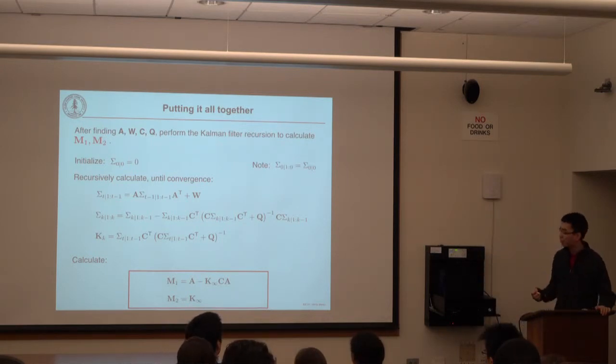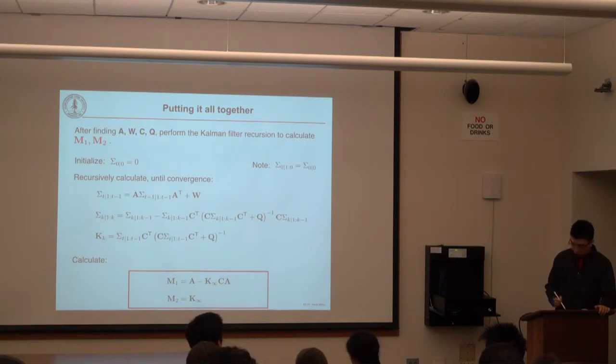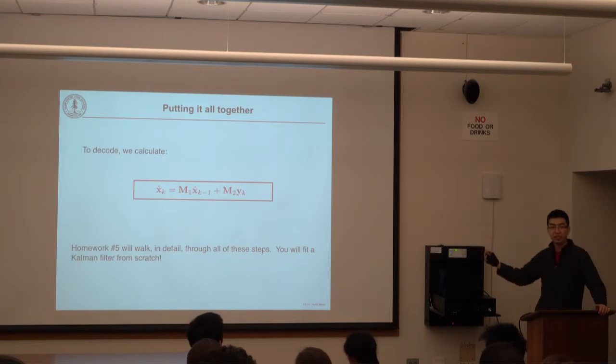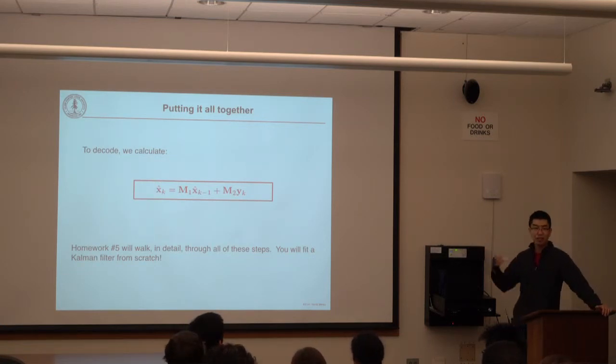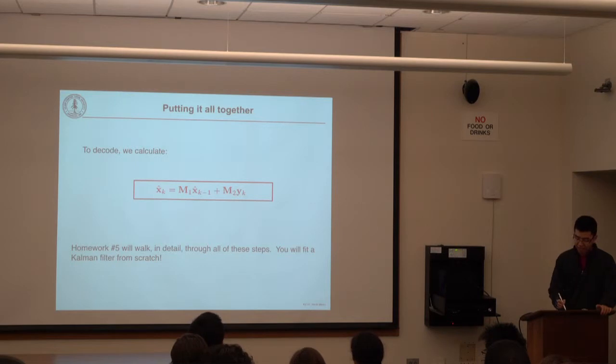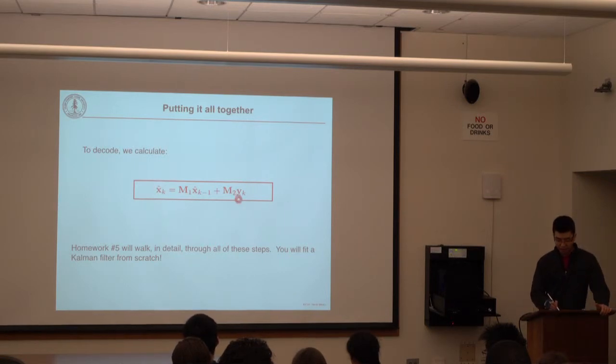Really, the intuition that you want to understand is that after you calculate these recursions and you converge to your M1 and M2, then all your Kalman filter is doing is, as we mentioned before, weighting evidence from your previous decoded kinematics, which have information about the current kinematics, as well as the neural data, the Y's.